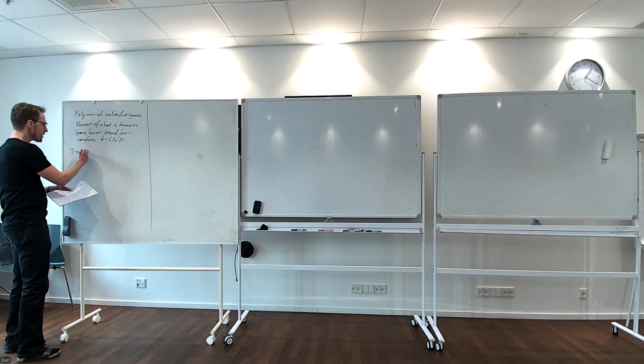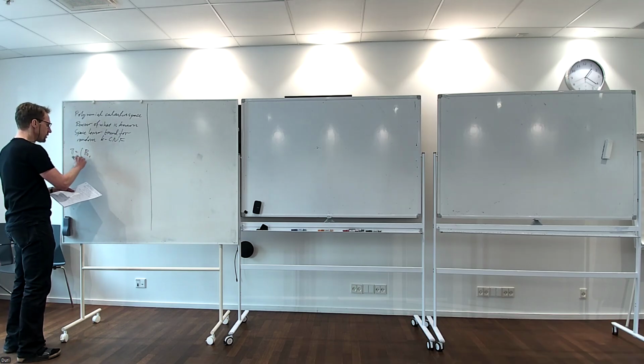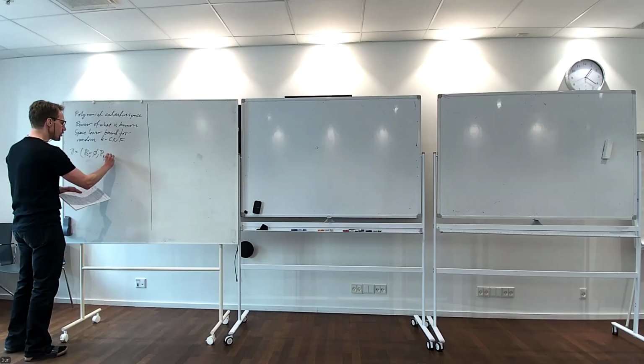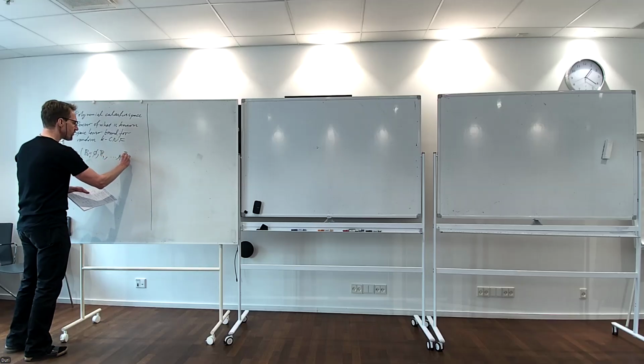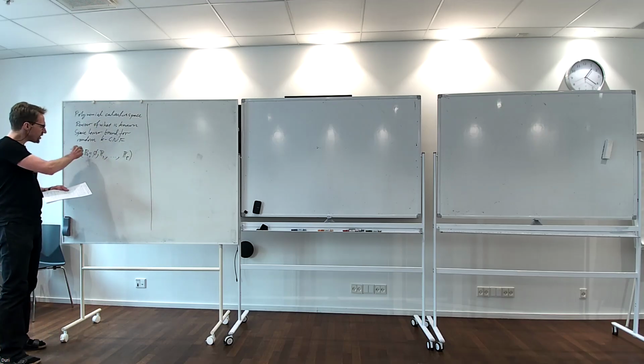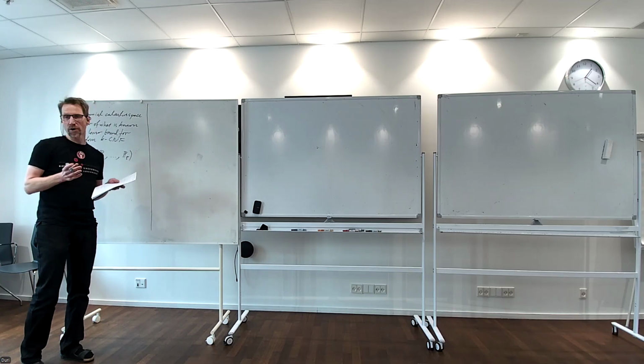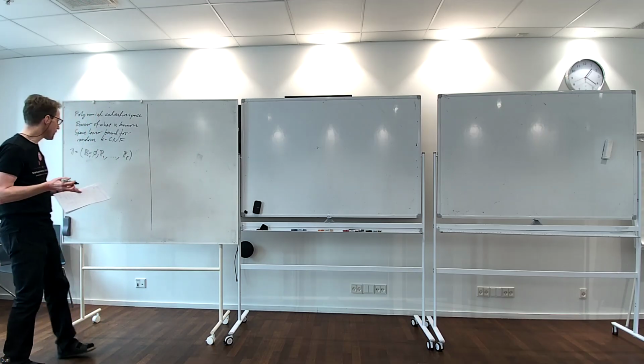So again, what is the setting? We think of a polynomial calculus derivation as being a sequence of sets of polynomials. I'll refer to them often as configurations, so every P_i is the polynomials we have in memory at time i.